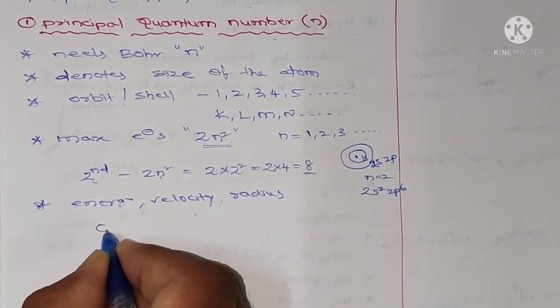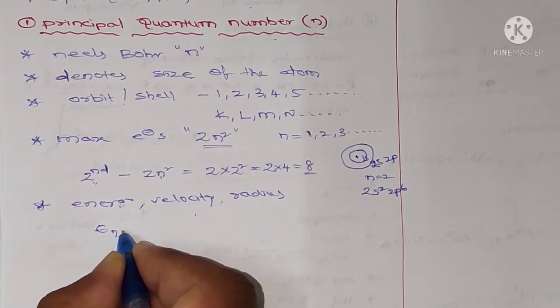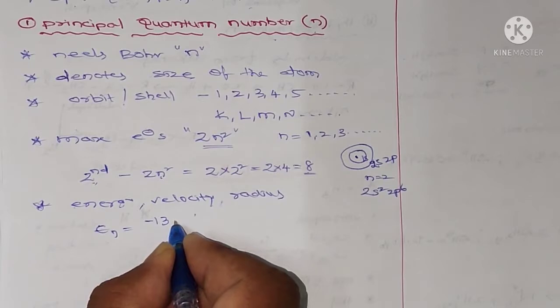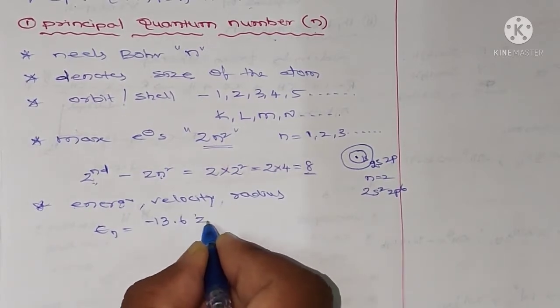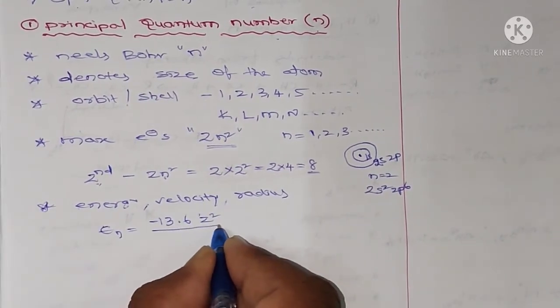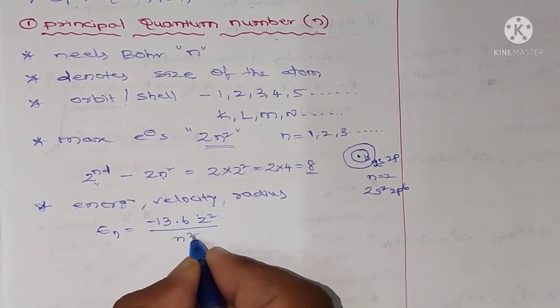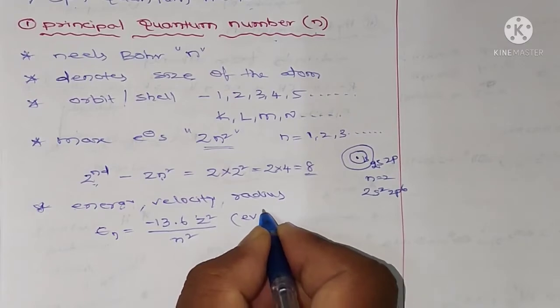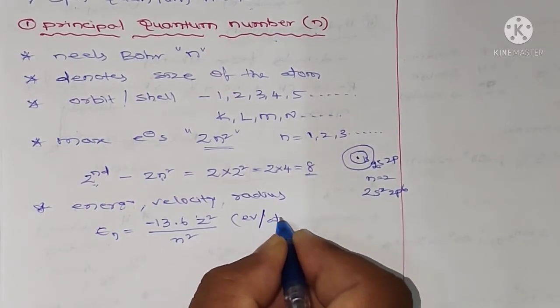For energy, En is equal to minus 13.6 Z square divided by n square, electron volts per atom.